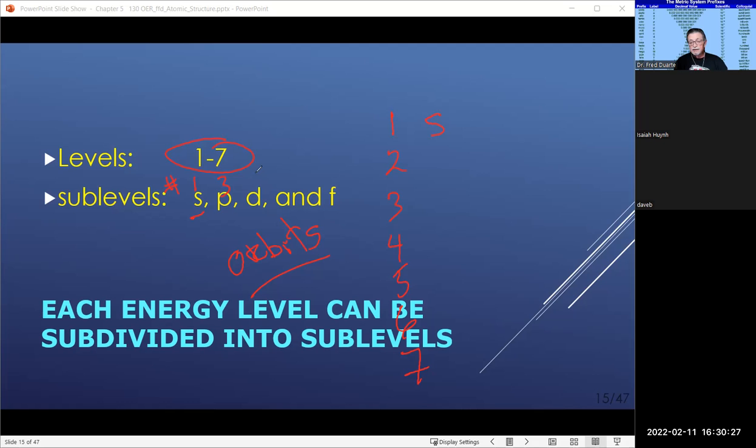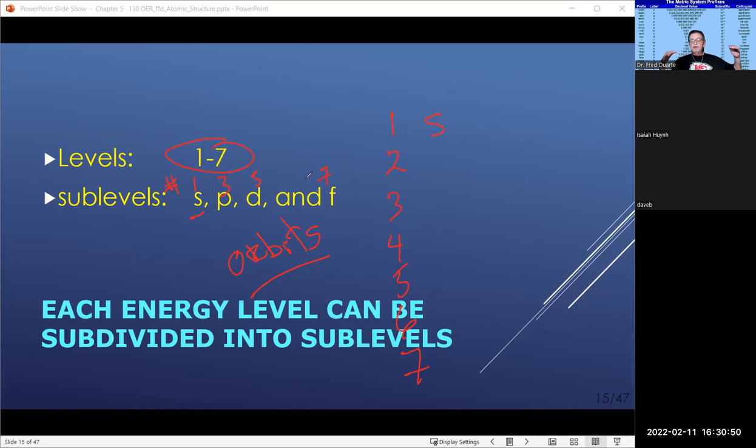The D's, there are 5 of them, all 5 D's, okay? And the F's, there are 7, okay? So for the S, only one S orbit; P's 3, D's 5, and the F's 7 of them.